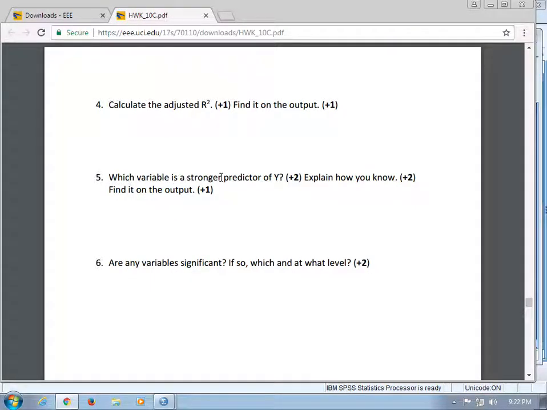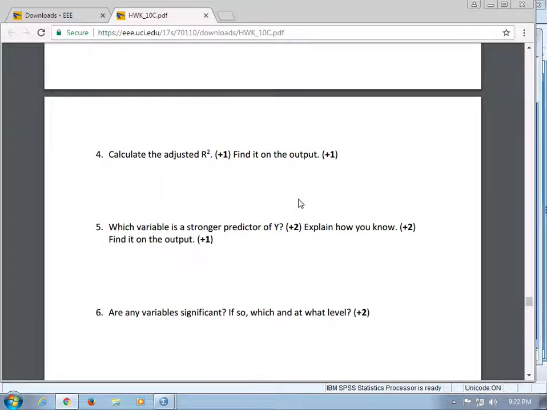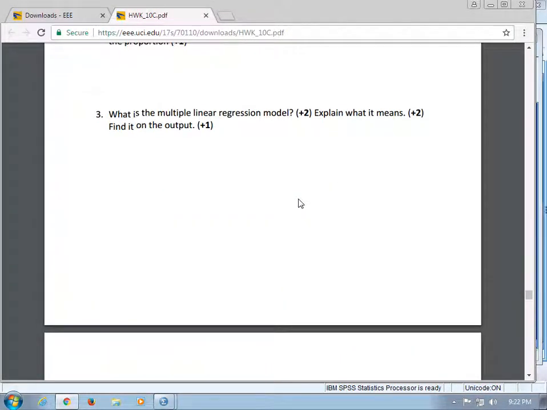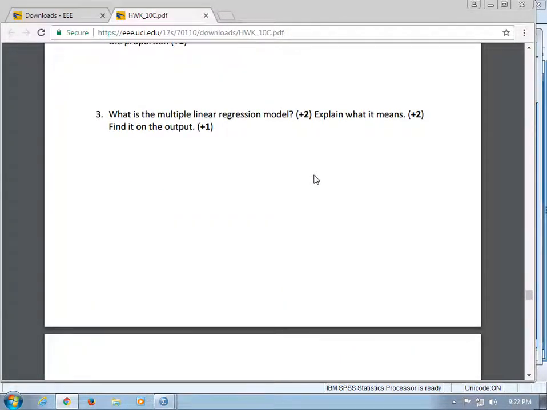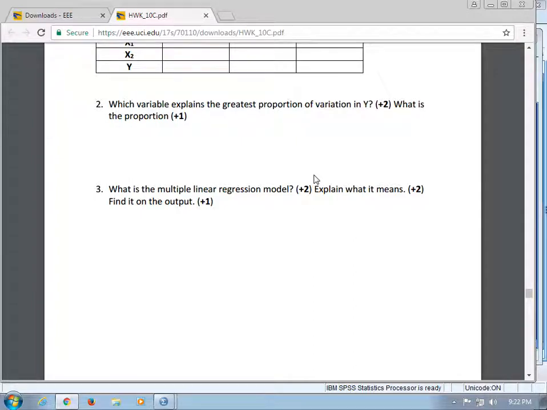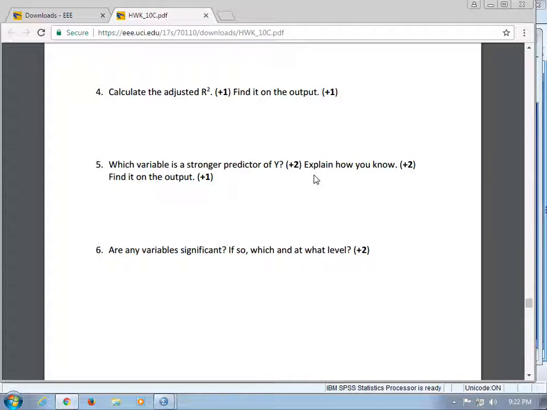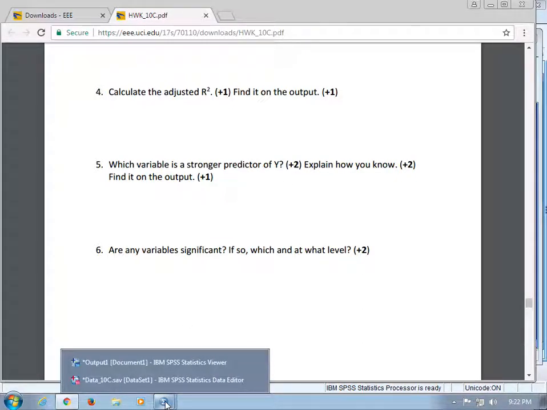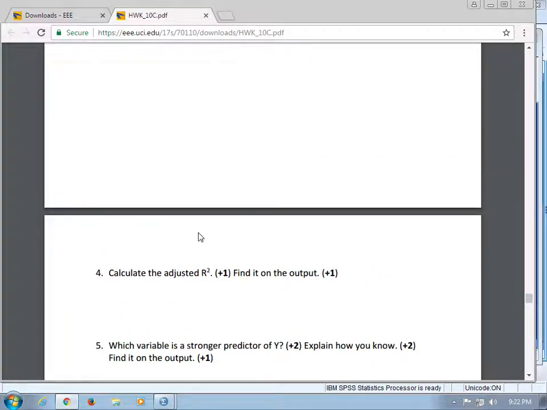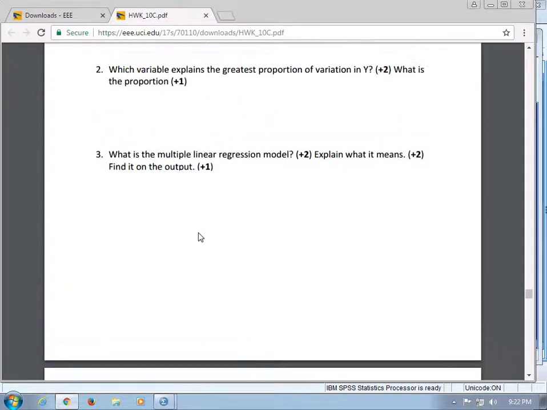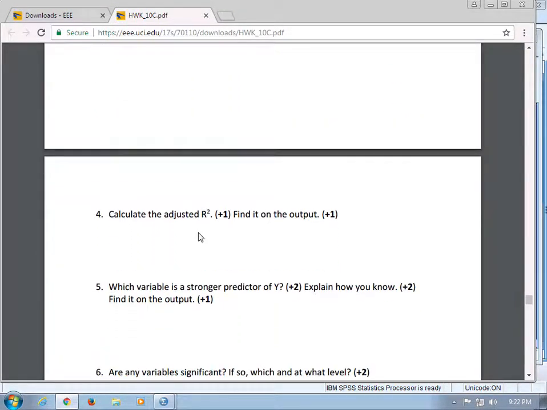Which variable is a stronger predictor of y? Explain how you know. So I feel like the answer to this is the same as the answer to part 2.